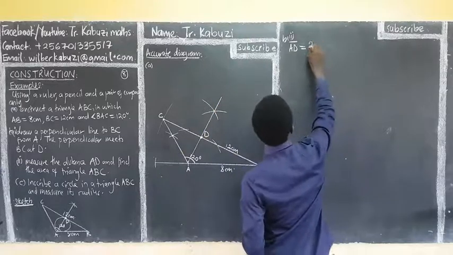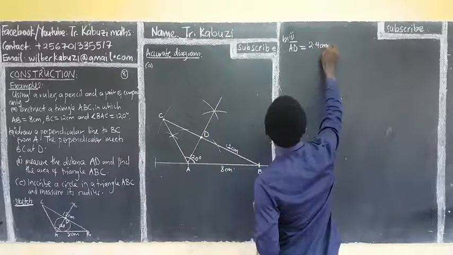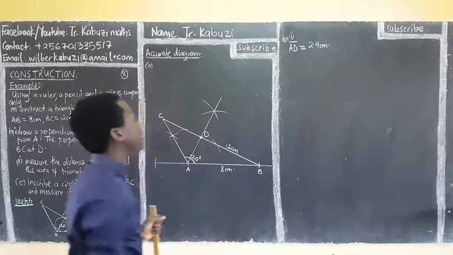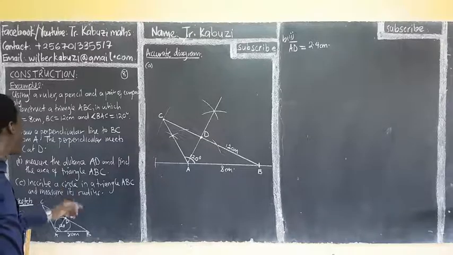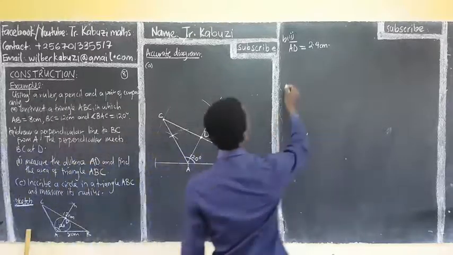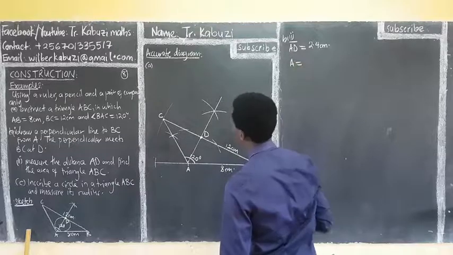I have 2.4 centimeters. That's what we should get also. Then after there, I'm finding the area of triangle ABC. So for my area of a triangle, what do I have?